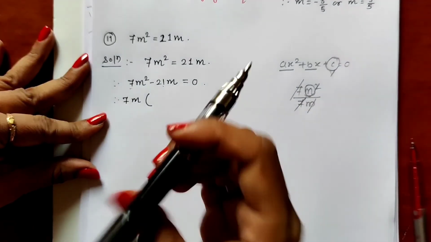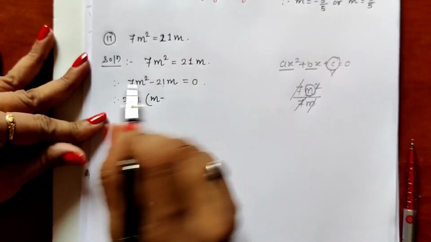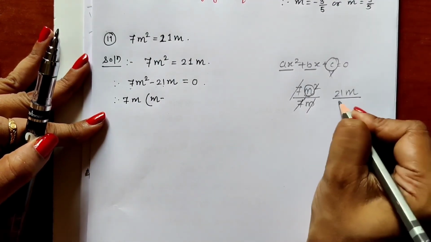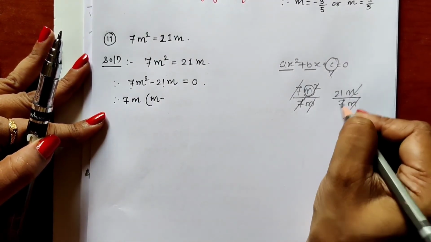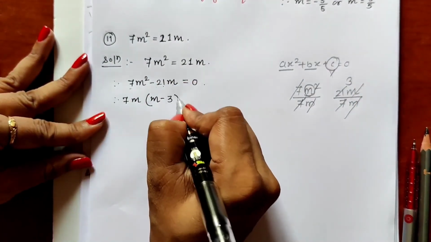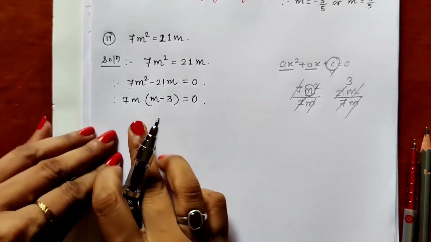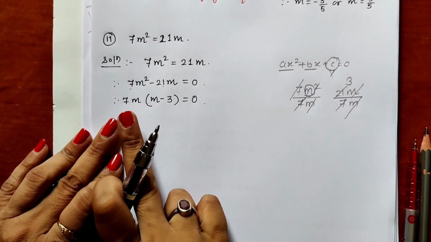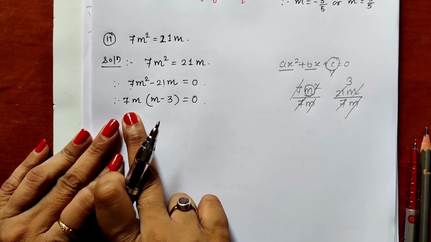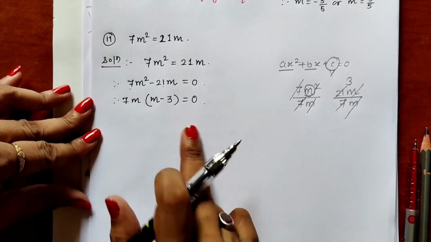So this m we write inside the bracket, minus. From 21m, we have taken out 7m common. 7 threes are 21, so 3 is remaining, is equal to 0. So when we have a bracket and an expression outside the bracket, how do we write it?